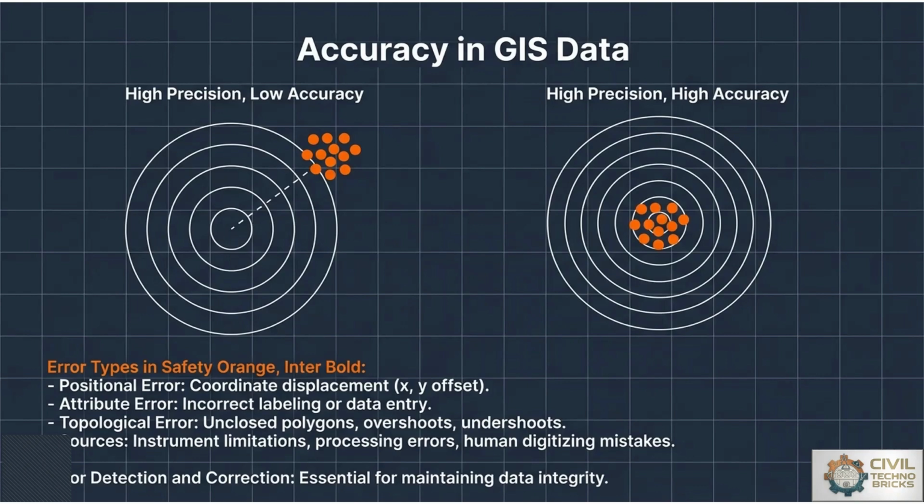Now, accuracy in GIS data. Why are we doing the survey? Because we want high precision and high accuracy. But sometimes we can't get that objective or outcome effectively. So our actual ground control point or actual location is somewhere, and our GPS data or satellite imagery shows the actual point somewhat nearby.